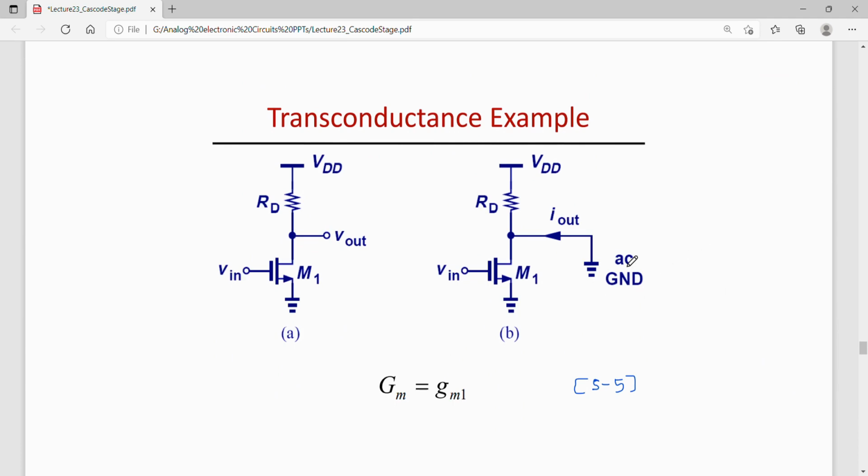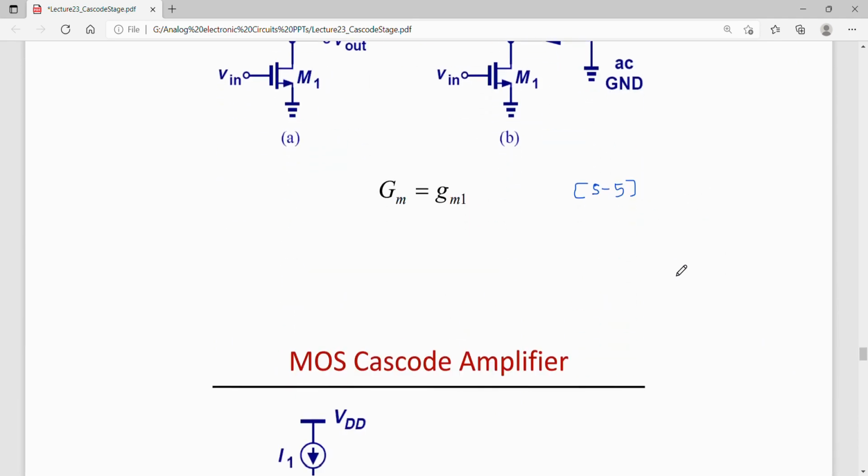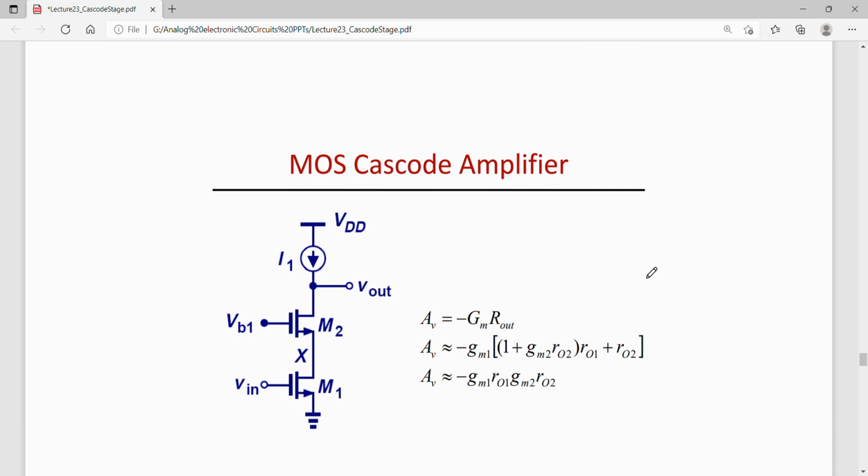So this we can skip because transconductance we have already seen, short circuit transconductance.